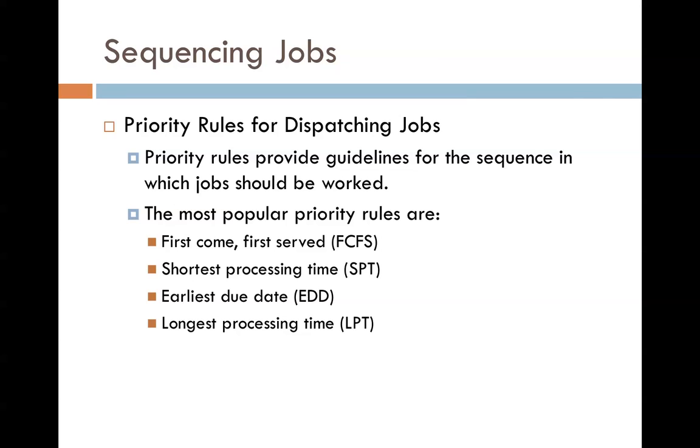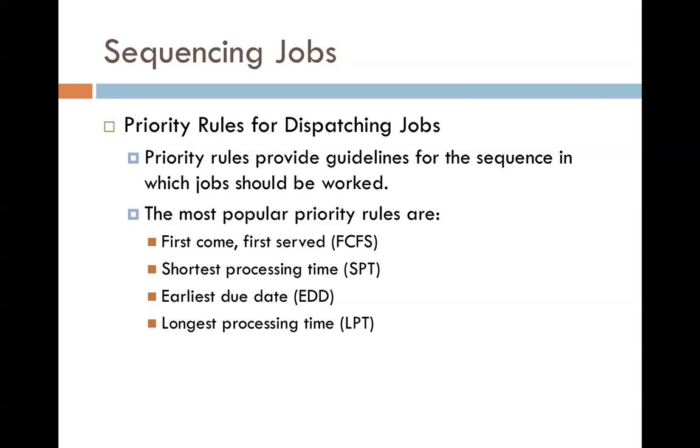The most popular priority rules are first come, first served. This means the first job to arrive at a work center is processed first. The next priority rule is shortest processing time. This means the shortest jobs are handled first and completed.